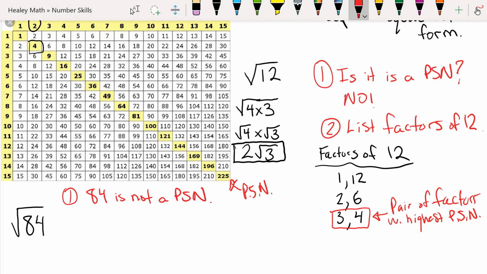So we move to step 2. Step 2 is to list all the factors of 84.